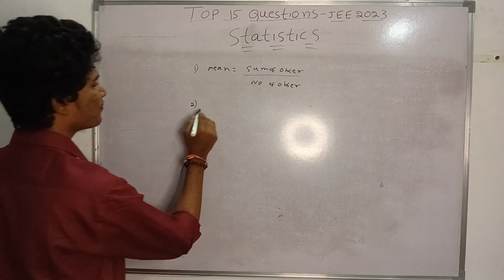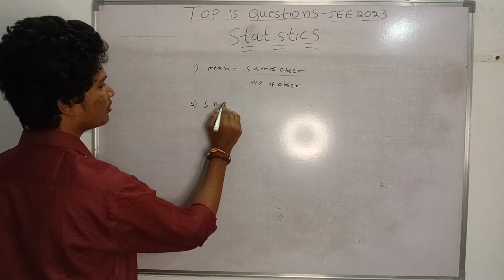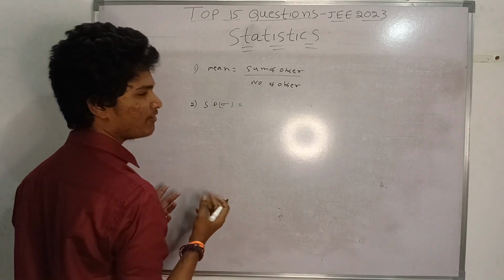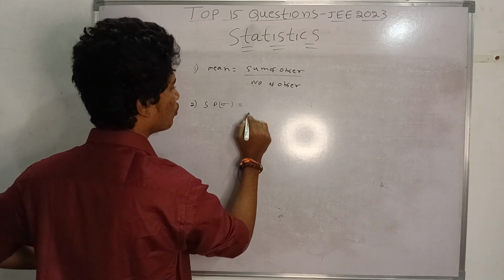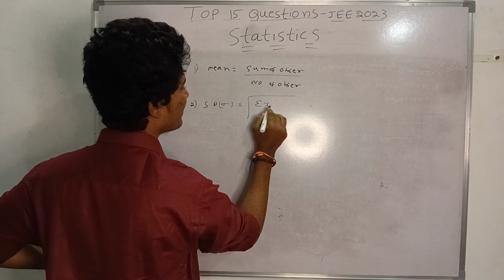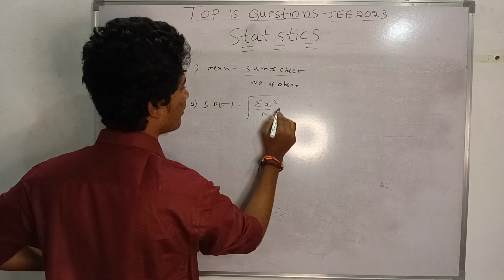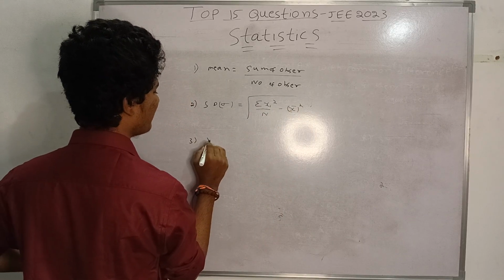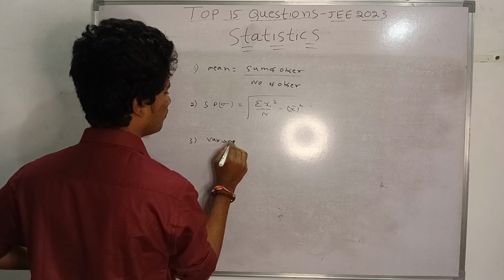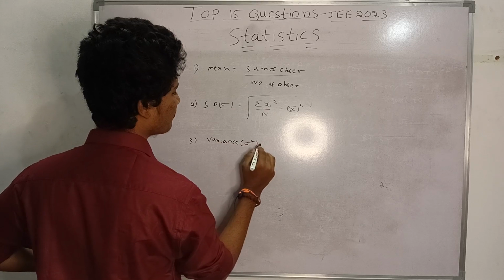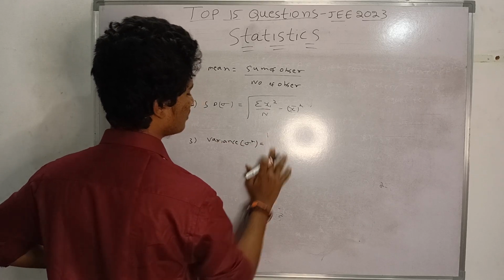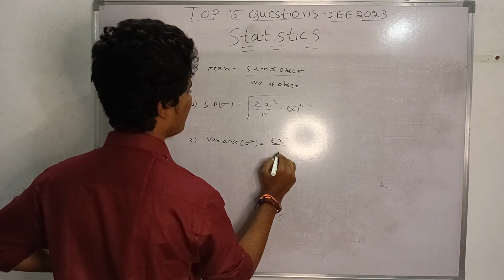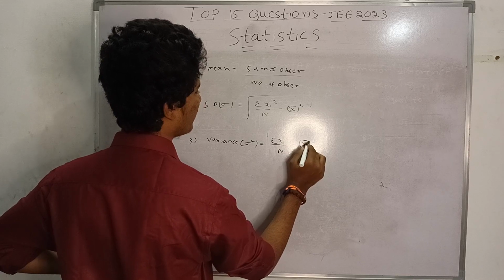And the second formula is standard deviation, which is represented by sigma. Standard deviation sigma is root of sigma xi square divided by n minus x bar whole square. And the third formula is variance, which is denoted by sigma square, and the formula is the same as standard deviation, but there is no root here.